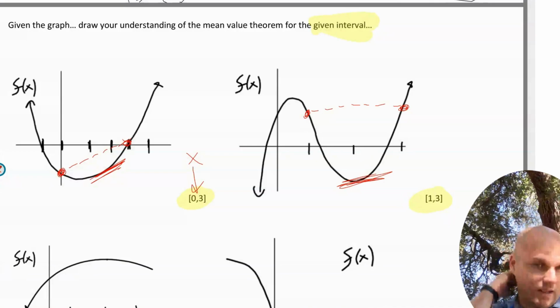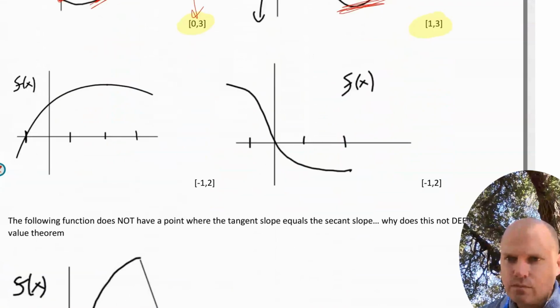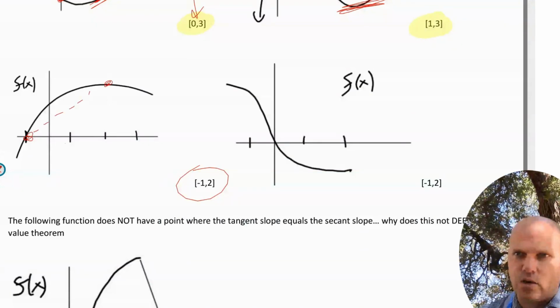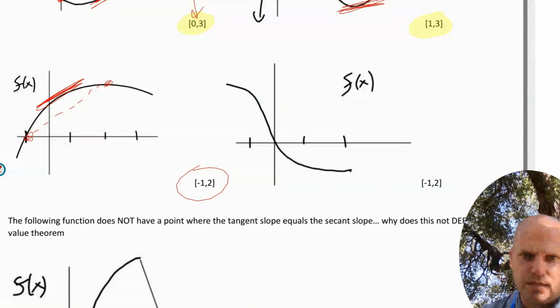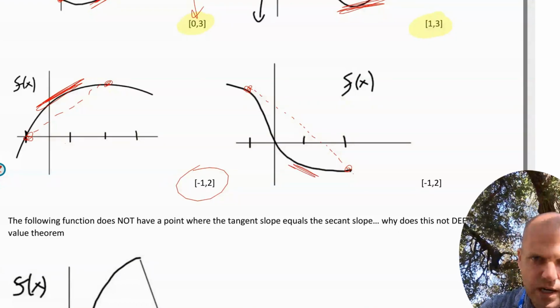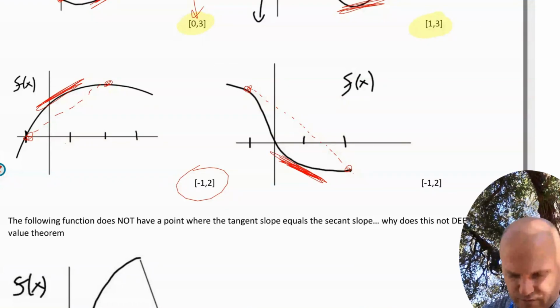So maybe we're talking about right there. Just drawing your picture is all you wanted. -1 to 2. This is my secant slope. This would be the tangent slope that equals that secant slope, guaranteed. -1 to 2. This is trickier. I feel like we're close to having one, maybe right here, right there. It's cool. Maybe that's right there.